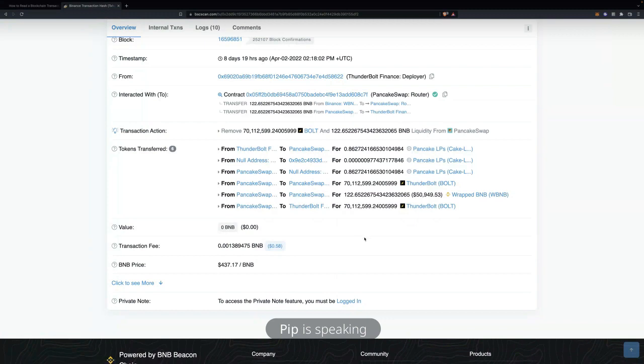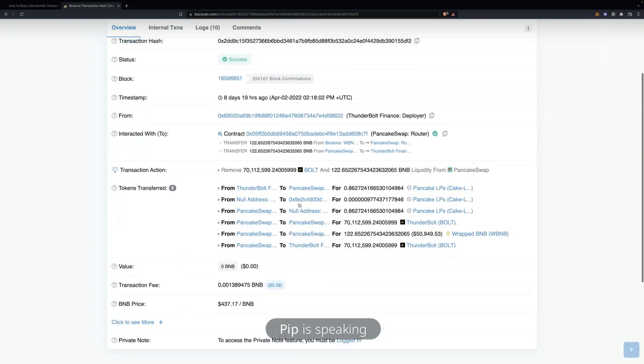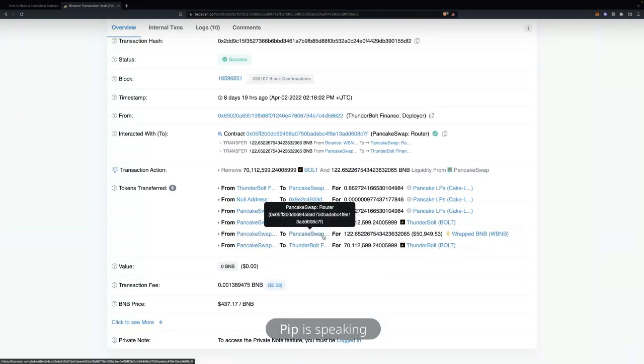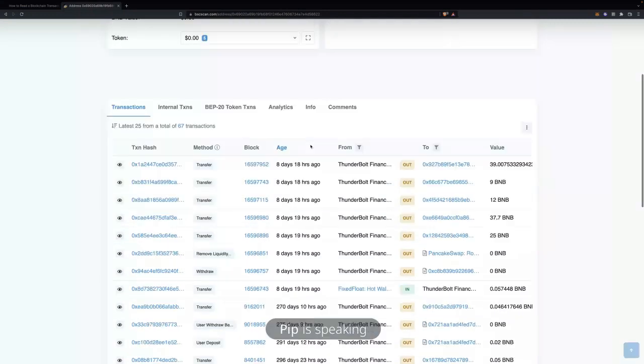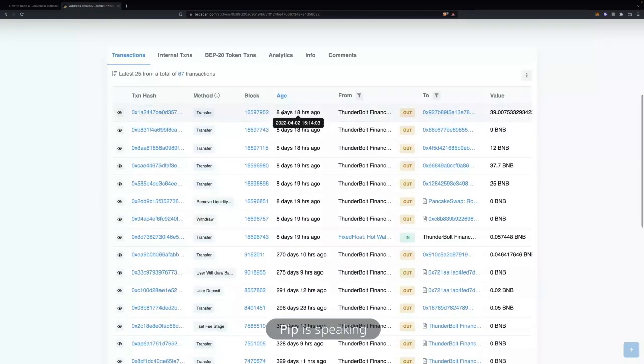By the way, if I want to see where the money went, let me just do this because PancakeSwap, so interacted with from the deployer. I keep going through. So 8 days, remove liquidity, and look at what happened. Look at where he transferred it.